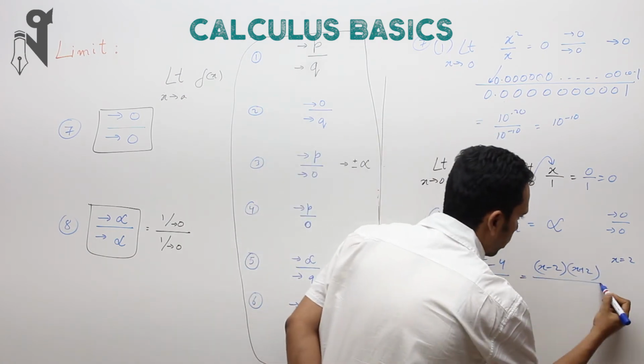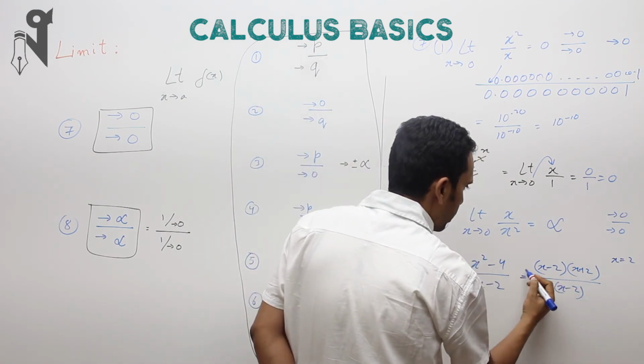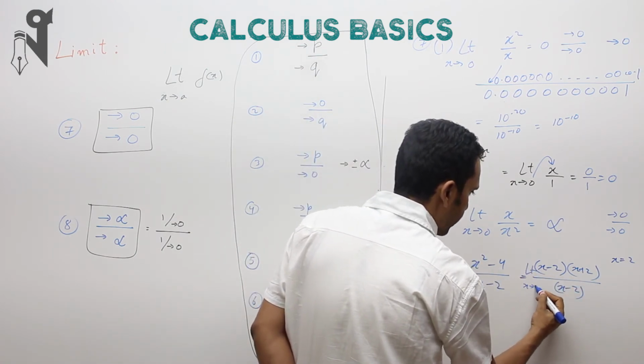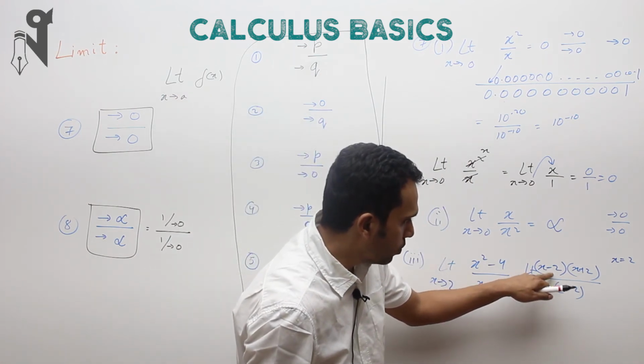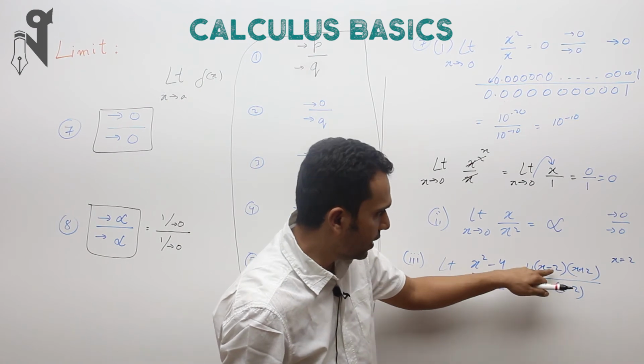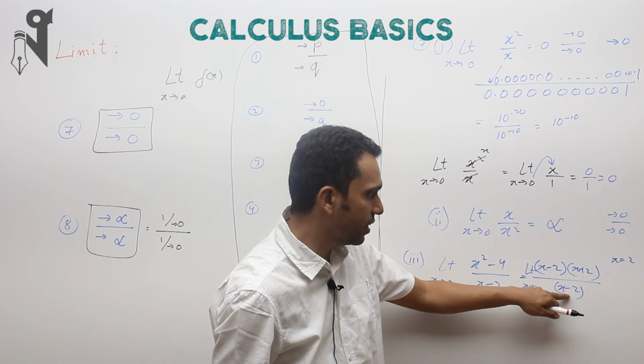So without a thought, many would have written straight away x minus 2 in the denominator, limit x tending to 2. Mind you, this is not an exact 0 and this is not an exact 0. When they are not exact zeros, we can cancel. They are exactly the same number.